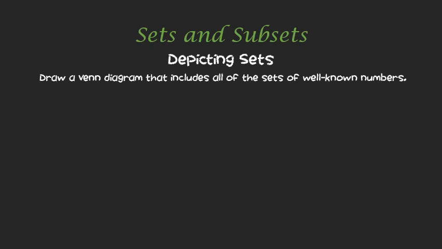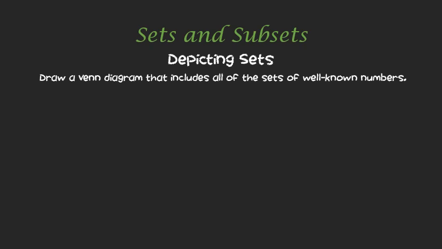Even when we can't list all of the elements of a set, we can still draw Venn diagrams for them. We just won't draw elements in it. And this is useful for describing relationships between sets in terms of subsets or not subsets. And so in this one, we'll just look at all of the well-known sets of numbers and put those in a Venn diagram.